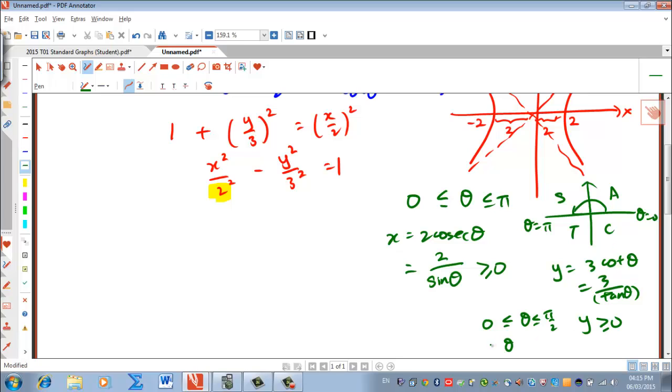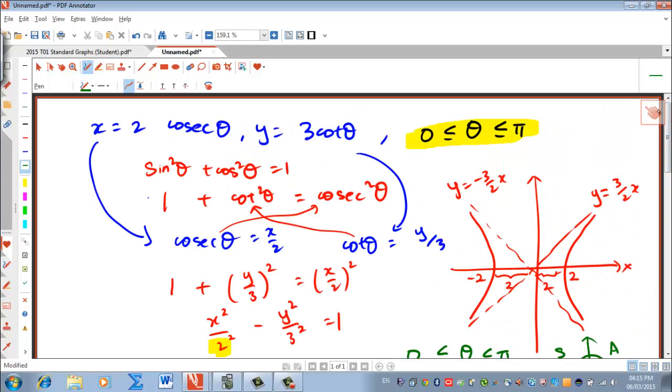But for theta between pi over 2 and pi, which is the second quadrant, we know that tangent is negative, so the y will be negative. So actually the y can be both positive and negative for this range of values of theta.